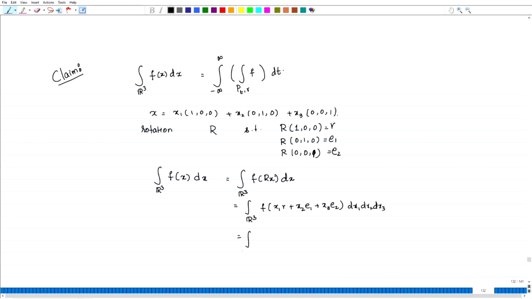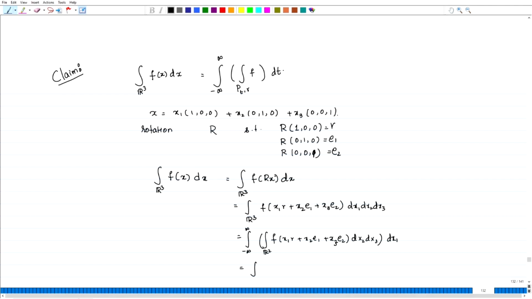Now, this is the integral from minus infinity to infinity of the integral over R^2 of f(x1 gamma plus x2 E1 plus x3 E2) dx2 dx3, and then dx1.